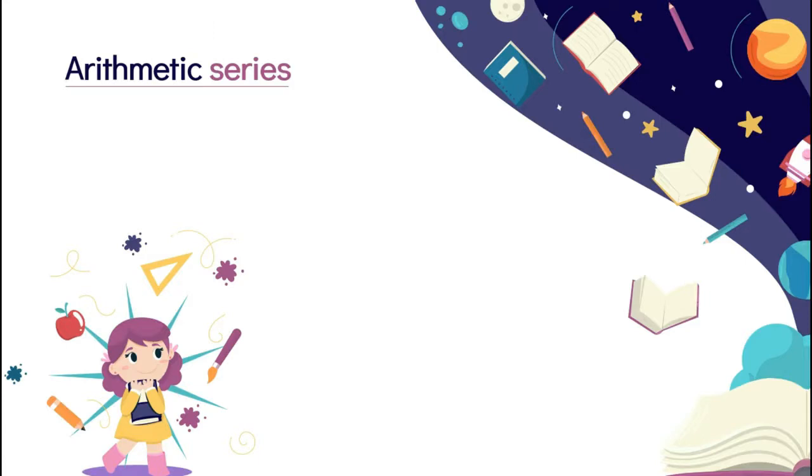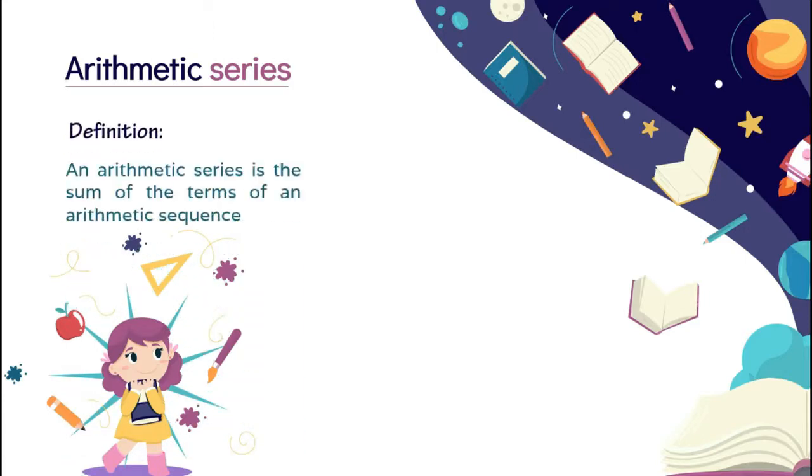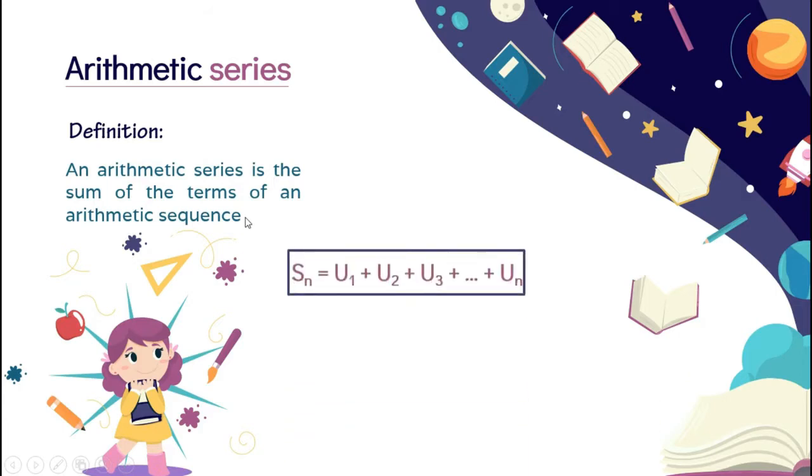Next, about arithmetic series. An arithmetic series is the sum of the terms of an arithmetic sequence. The sum of the first term to the n terms of the arithmetic sequence can be calculated as Sn equals u1 plus u2 plus u3 plus ... plus un, or as Sn equals a plus (a plus b) plus (a plus 2b) plus ... plus (a plus (n minus 1) multiplied by b).